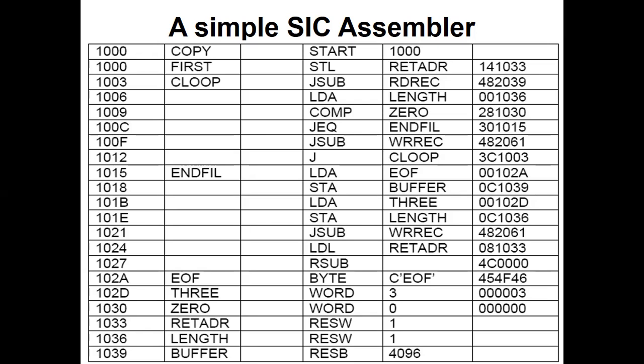So we are stopping at this word 0, which is 000000. Now, if that word is beginning from 1030, where does it stop? It will stop at 1033. Okay, very good. So let us calculate the length. We started from 101E, and we are going as far as 1033. So what is the length of that record?